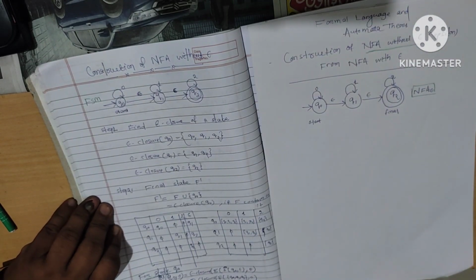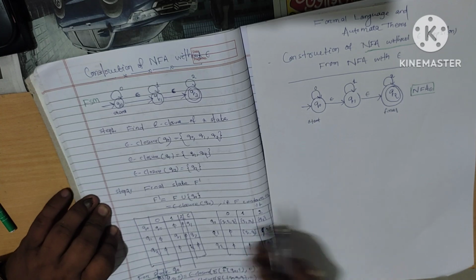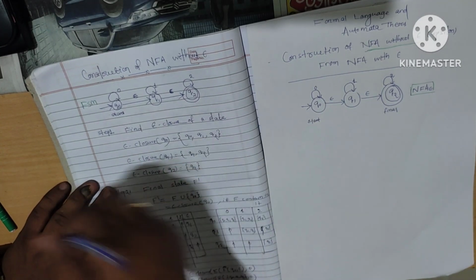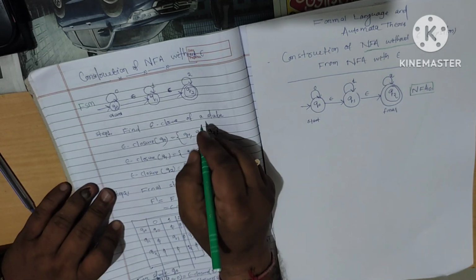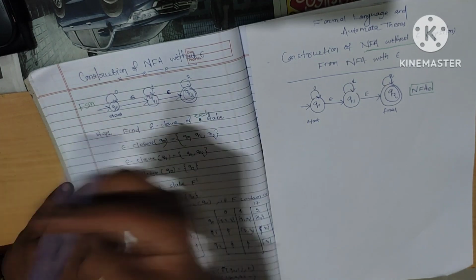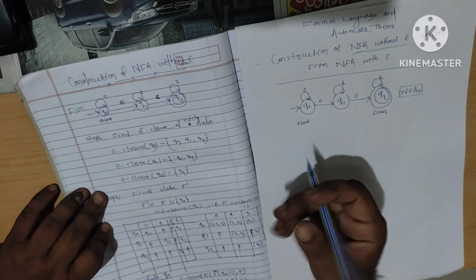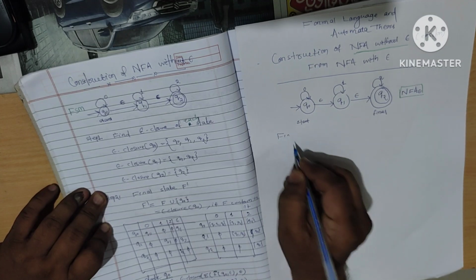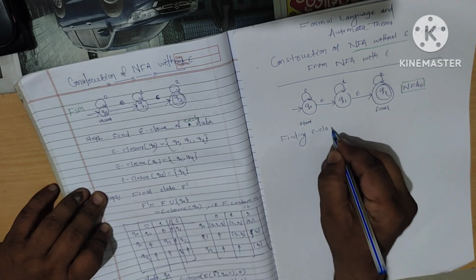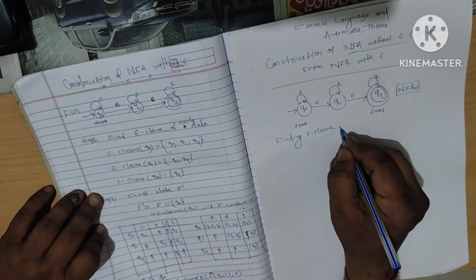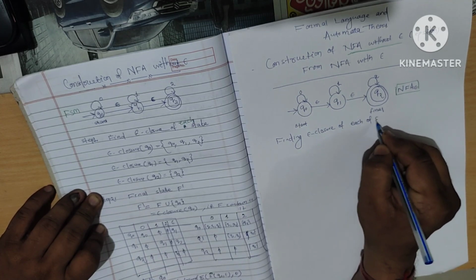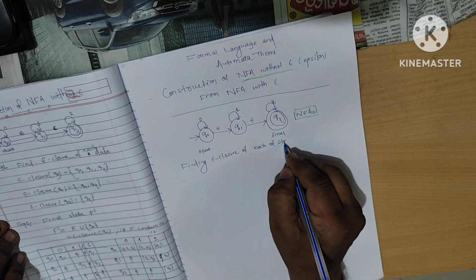So the very first step is that we have to find the epsilon closure of each state. Each state. So that is the thing here, each state.